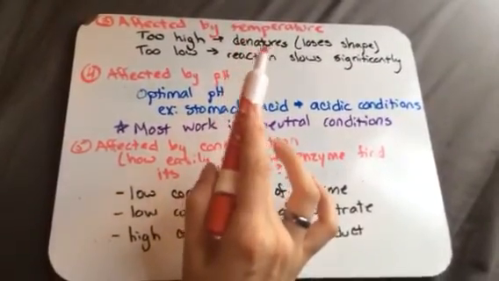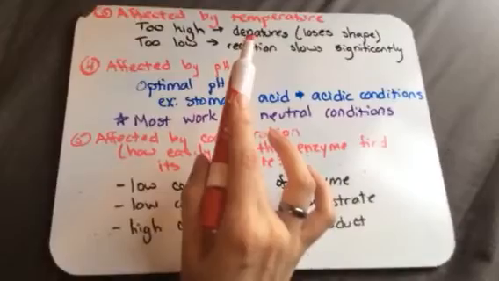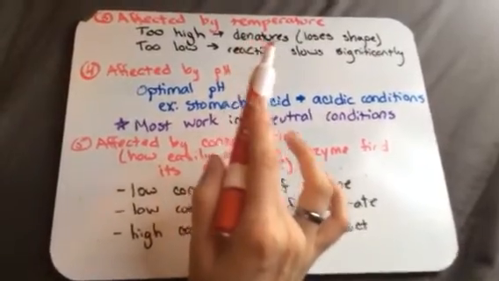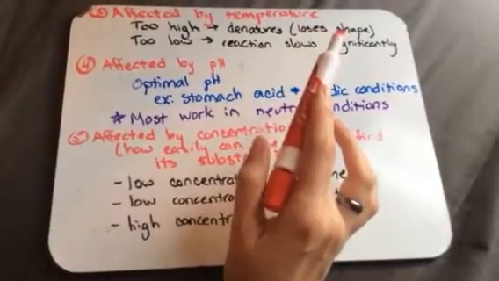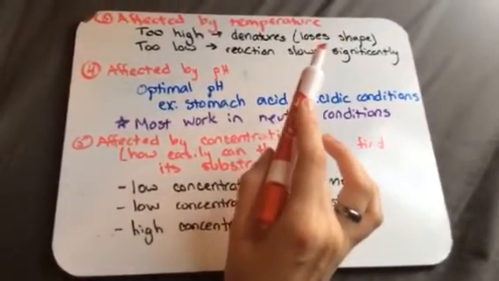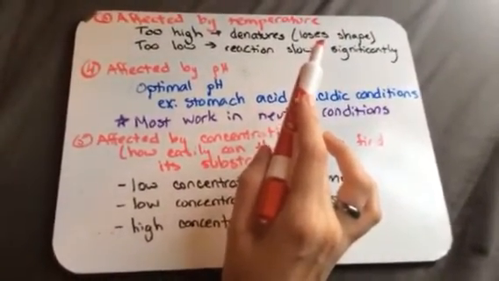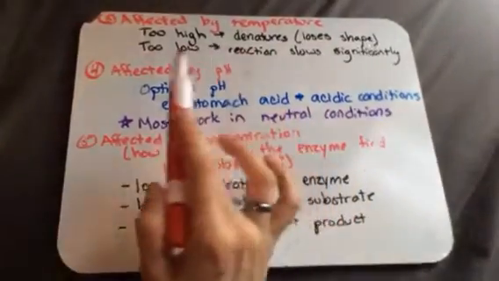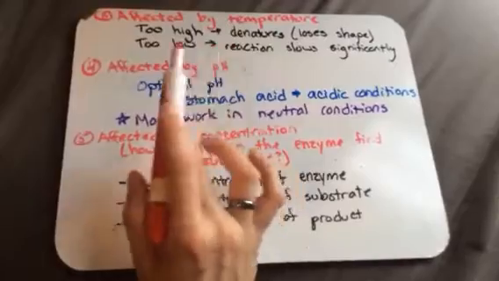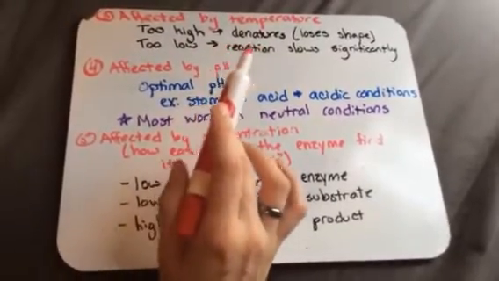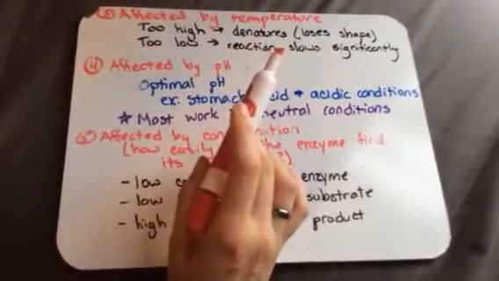And proteins denature in general if they get too hot. But what this means is they lose their shape. And if an enzyme loses its shape, it cannot work. Think of scissors. If they lose their shape, they cannot work. If the temperature is too low, the reaction actually slows significantly, almost to a halt. So if it's too cold, the reaction just won't proceed.